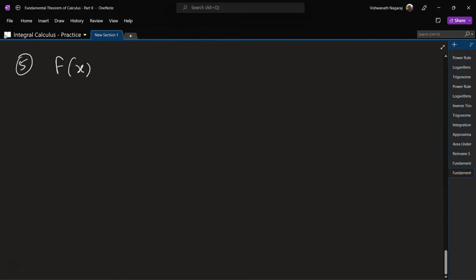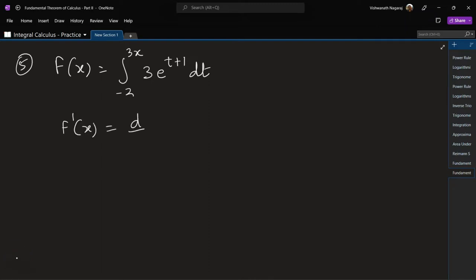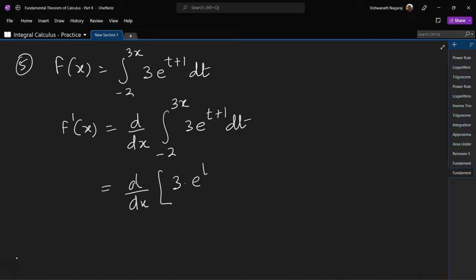Fifth one, F of x is equal to integral from minus 2 to 3x of 3e to the power of t plus 1 dt. Now let's differentiate this side. So we have to differentiate on this side as well. Integral from minus 2 to 3x of 3e to the power of t plus 1 dt. So d by dx of this would be e to the power of t plus 1 itself from minus 2 to 3x.